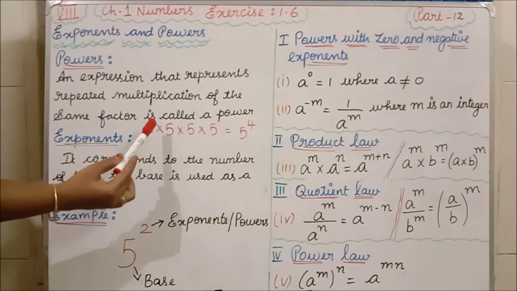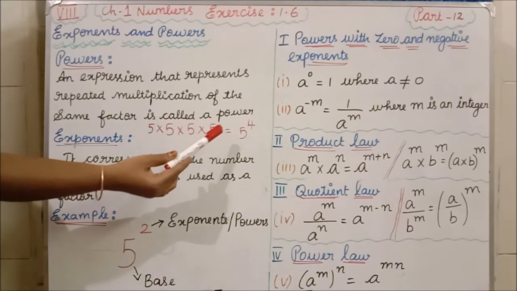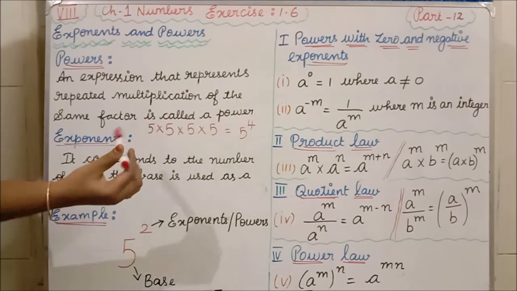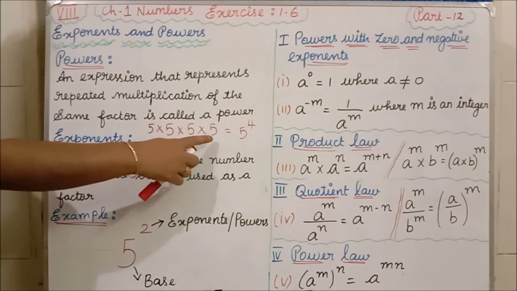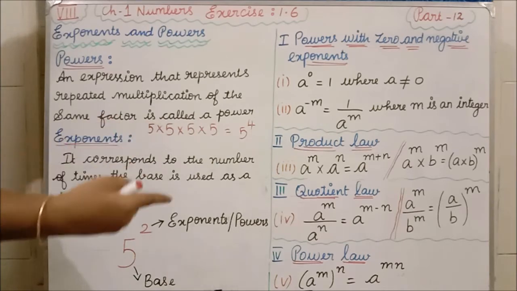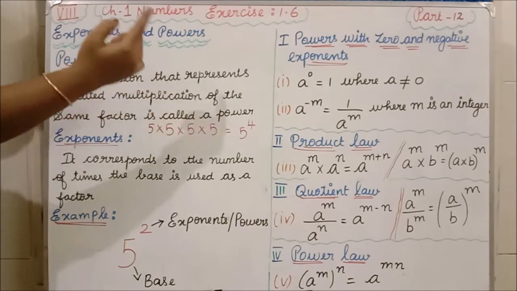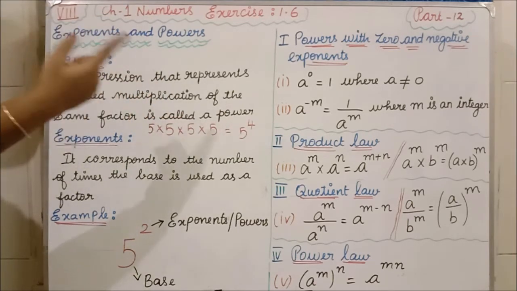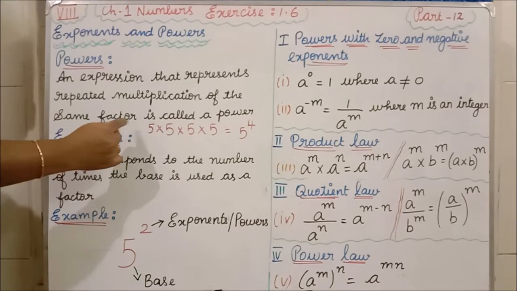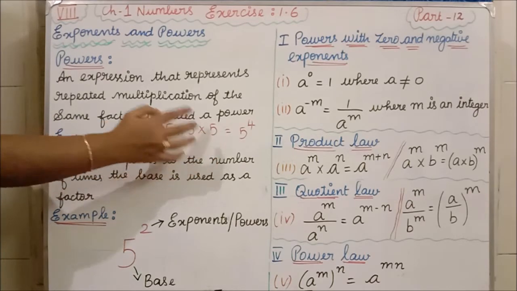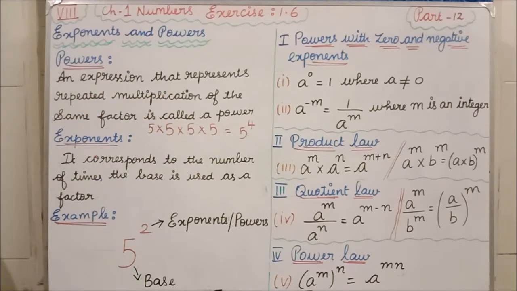So how will you write it? 5 into 5 into 5 into 5 is equal to 5 power, how many 5s are we having? 1, 2, 3, 4. Based on the repetition, we will write the power. That is an expression that represents repeated multiplication of the same factor, and it is called a power.